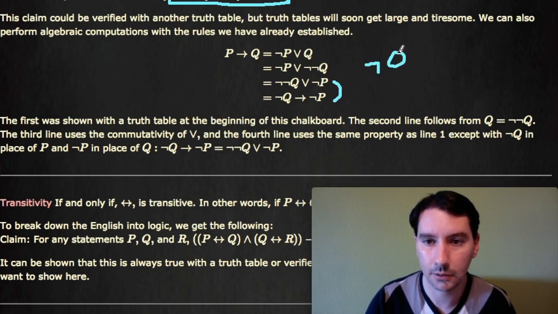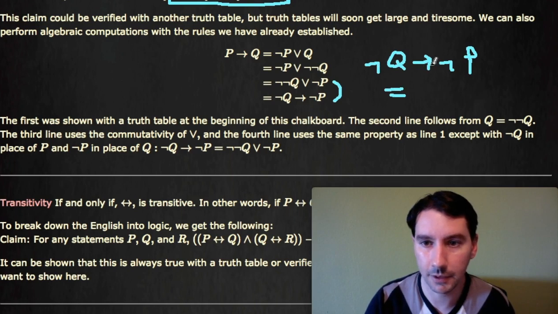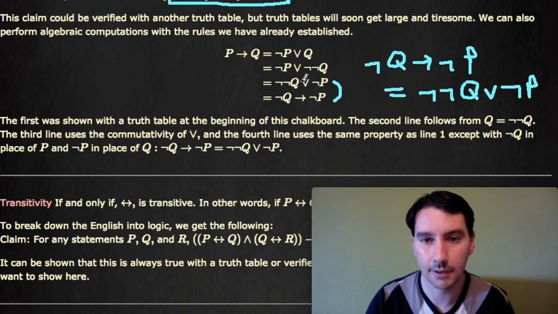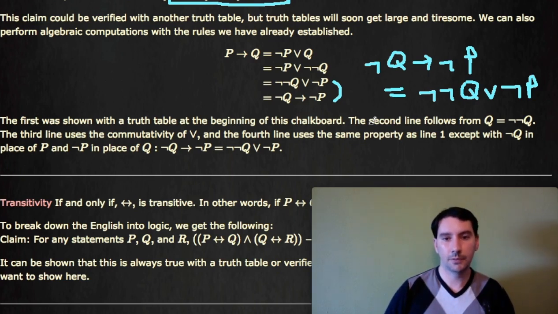So not Q implies not P. Remember that the implies here is equal to not the first statement or the second one. So it's equal to not the first statement or the second statement. And so this equality is how I'm getting from this line to this line. So not Q or not P is equal to not Q implies not P. And that verifies the proof that P implies Q is the same as not Q implies not P.